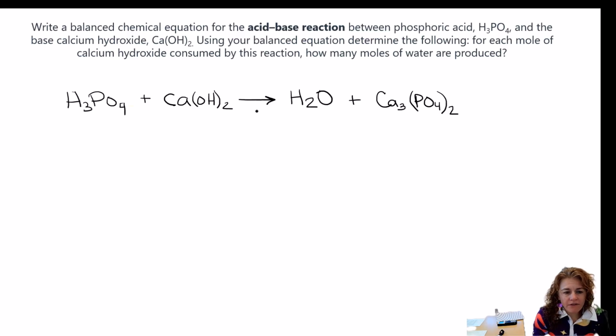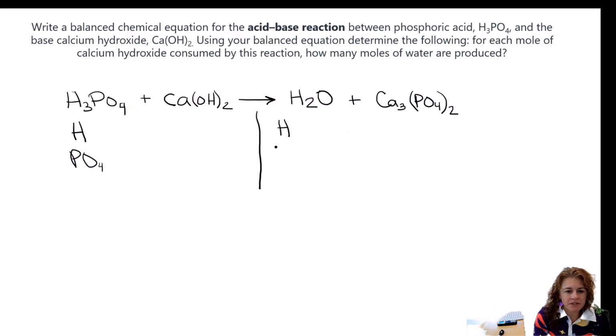All right, now that we have our chemical equation on the paper, I'm going to take inventory of what I have. If you guys can recognize polyatomic, so phosphate is a polyatomic, and it stays together as a polyatomic on the other side, you can treat that as one of the things in the inventory.